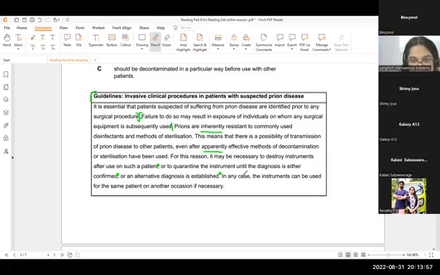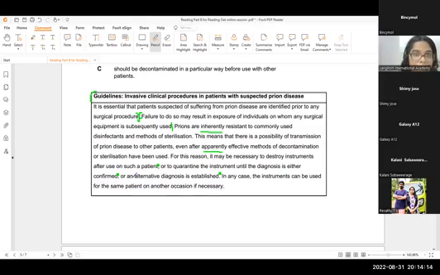Okay, last sentence, Tindy. In any case, the instruments can be used for the same patient on another occasion if necessary. So whatever be the case, the instruments that you used can be used for the same patient.